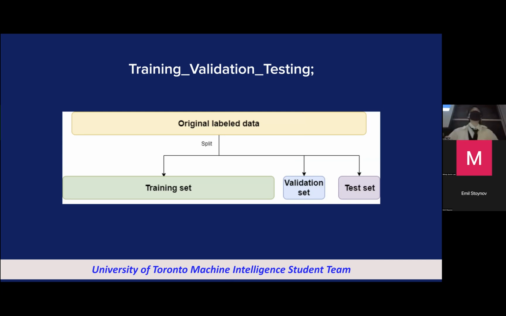The second step is to correct the color channels, for example converting RGB to black and white, and things like that. Then we look at the training, validation, and testing sets. This is essentially the first step after you complete processing the data, or sometimes people also take this into the pre-processing step.